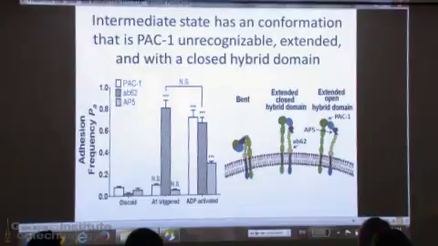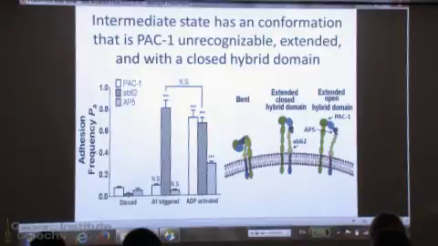So this antibody reports the extended conformation of the integrin, and the other antibody reports the swing-out of the hybrid domain, and this hybrid domain swing-out signifies the high affinity conformation, and this is another antibody that binds to the active binding site. So if you use ADP to activate the platelet, all 3 antibodies will bind. All the binding sites are available.